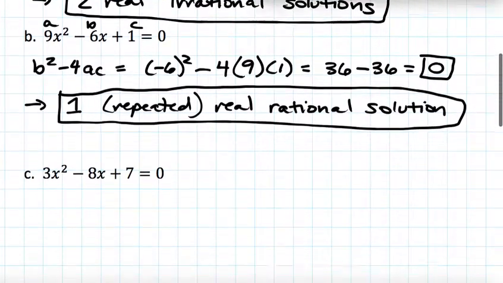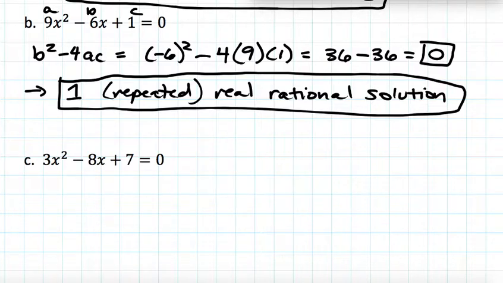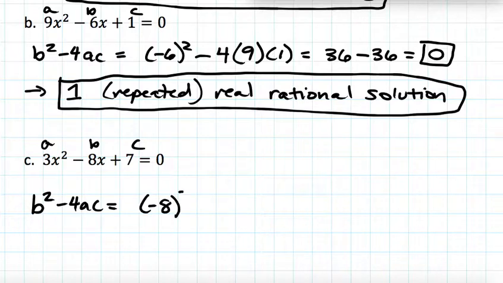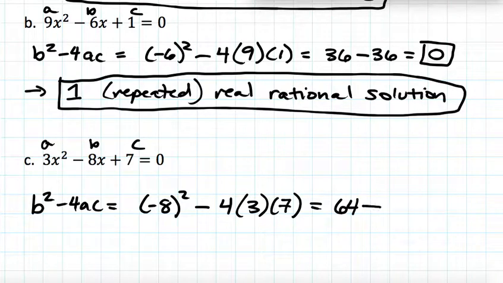Lastly, part C, same idea. Have 0 on one side, identify a, b, and c, plug into b squared minus 4ac. Again, negative value for b, that when I square it, it will become positive. So negative 8 squared is positive 64, minus 4 times 3 times 7, which is 84.